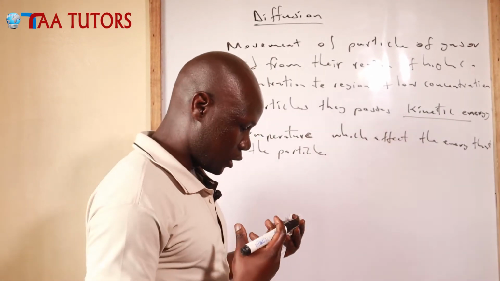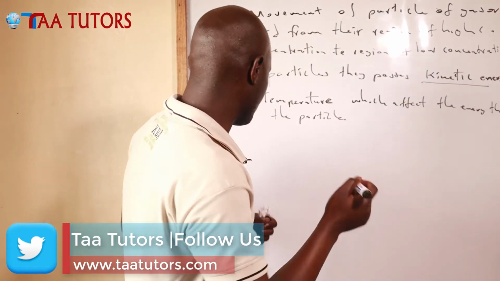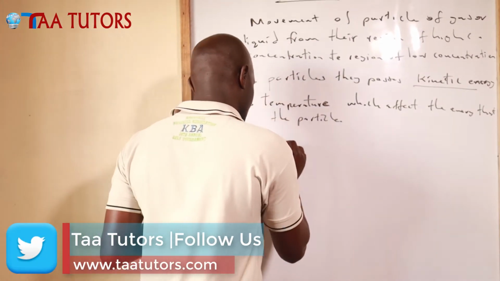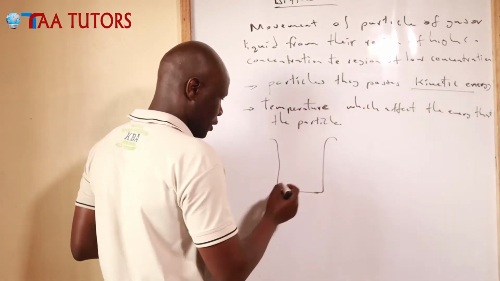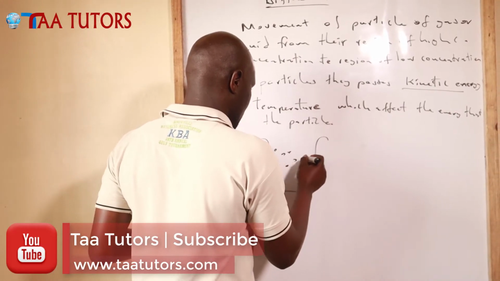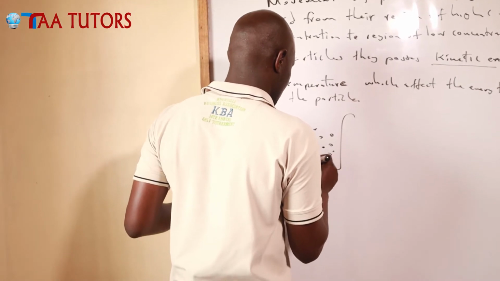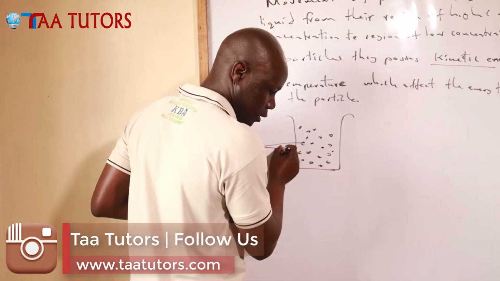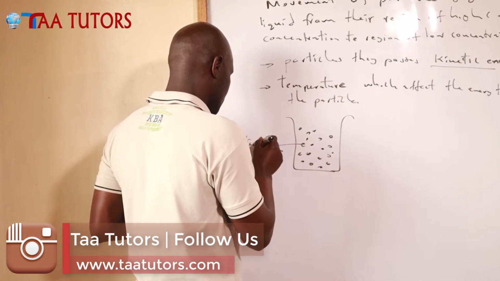Now, if this is the case, we can have an example, like a solution here. Inside it, let these circles act as the solvent molecules. So I can call them water molecules.